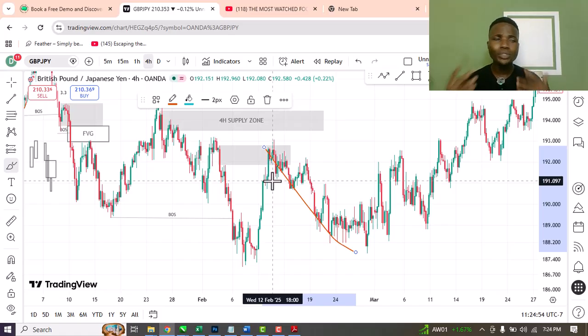You cannot build a house on sand, because your break of structure, your demand and supply zone, is very, very important to understand. If you don't understand it, you cannot become a profitable trader. This is something that I have tested multiple times in the market, and I have seen that this is the foundational knowledge that you need.